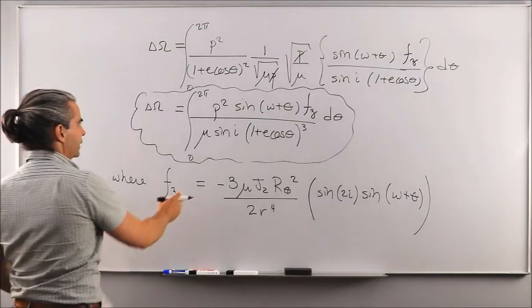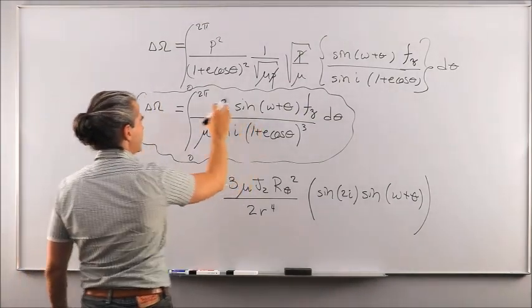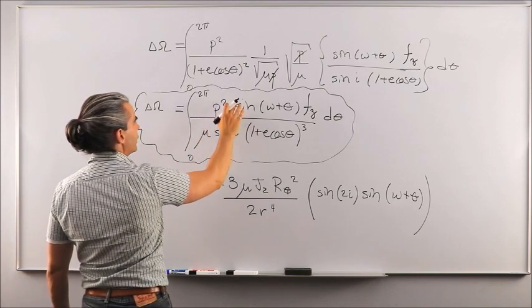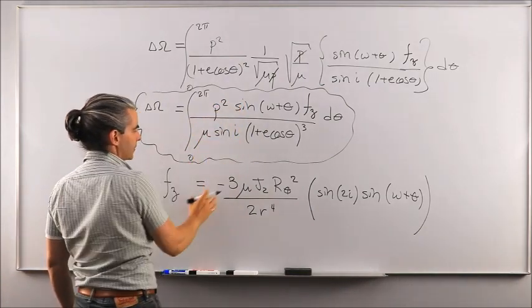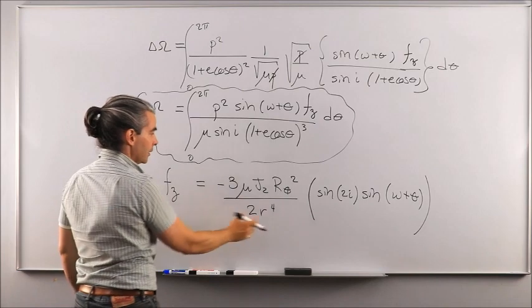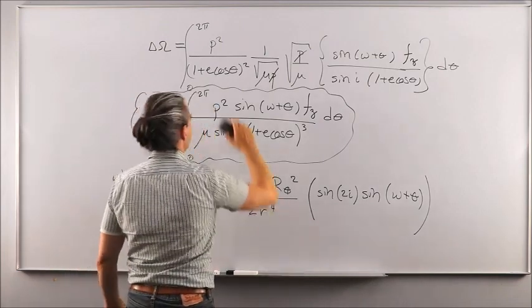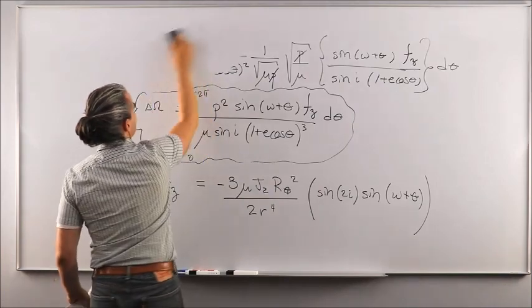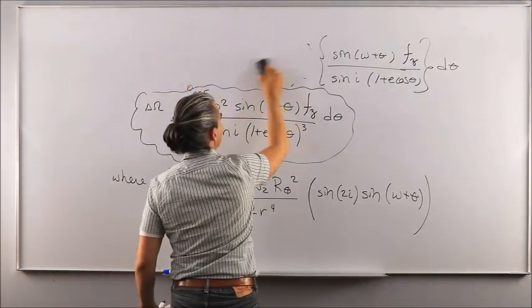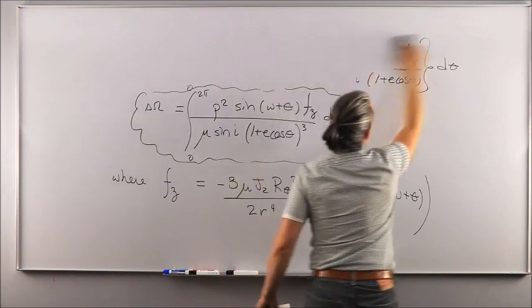I'm not going to plug it in directly, because I replaced all my r's using the orbit equation. I'm going to do the exact same trick here. Because I have r to the fourth, I'll replace this with the orbit equation to the power 4 so that I'm able to cancel things out moving forward.